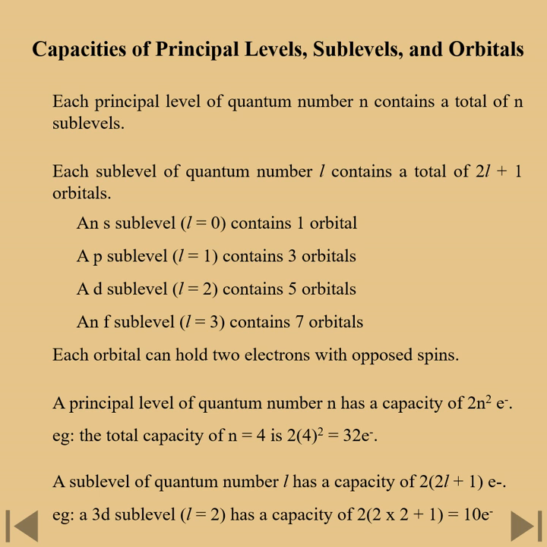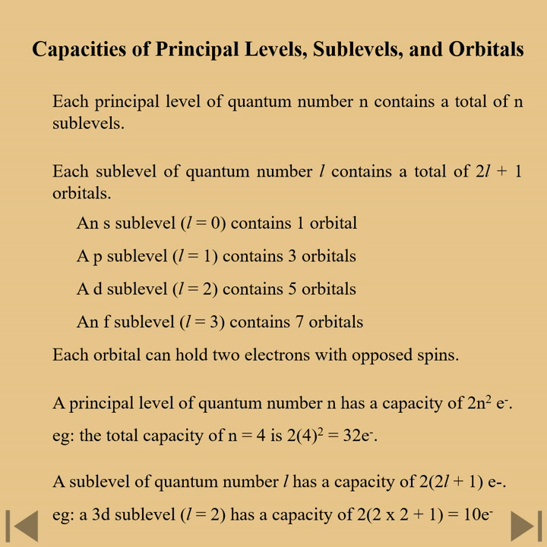Now for the number of electrons within a subshell, it would be 2 times 2L plus 1. Remember, L is your angular quantum number. So as an example, in the D subshell, where L is equal to 2, we would have 2 times twice 2 plus 1, or 10 electrons.